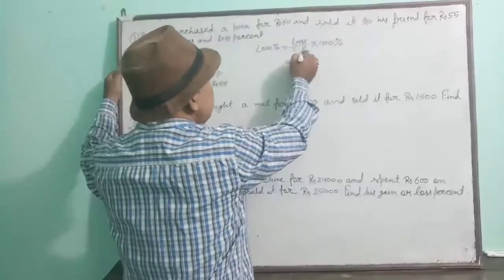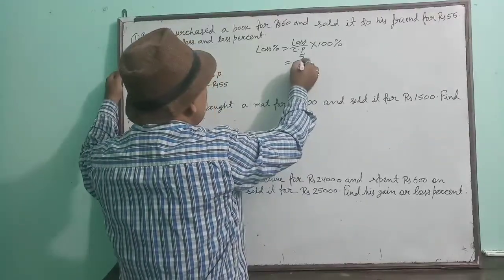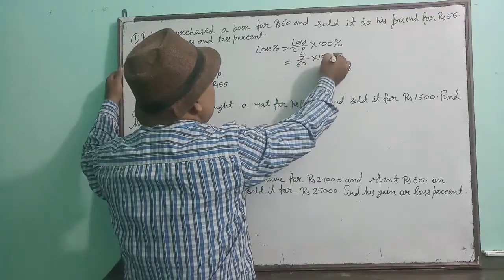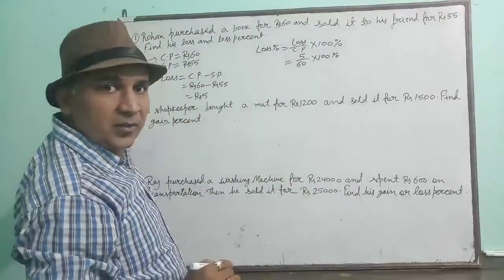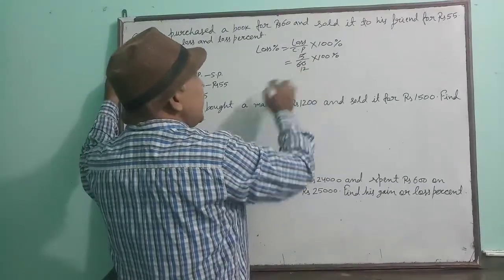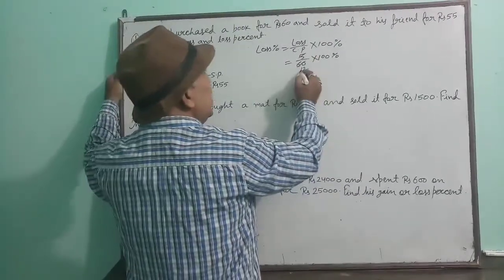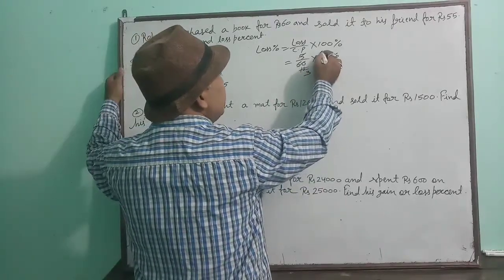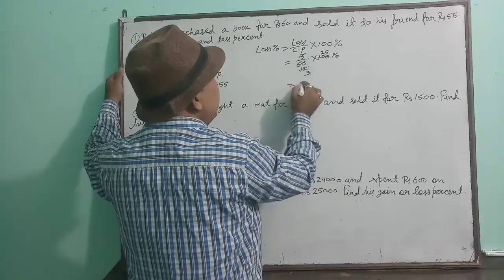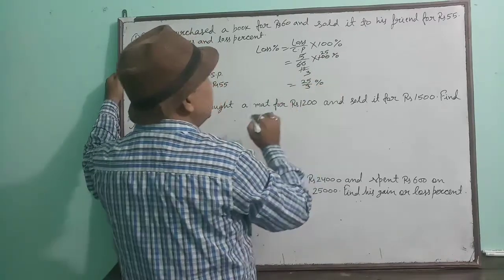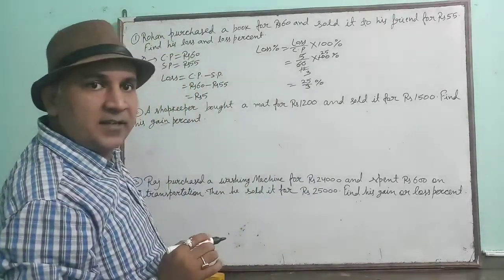Loss is 5 rupees, cost price is 60 rupees, multiplied by 100%. Now calculate it. 60 divided by 5 is 12 times. 12 divided by 4 is 3 times. 100 divided by 4 is 25 times. That means 25 by 3% is the loss percent.